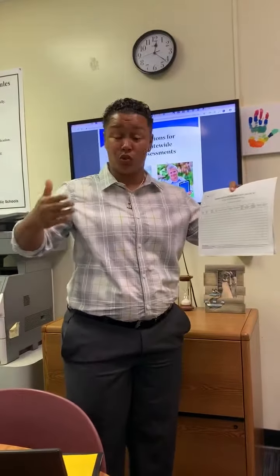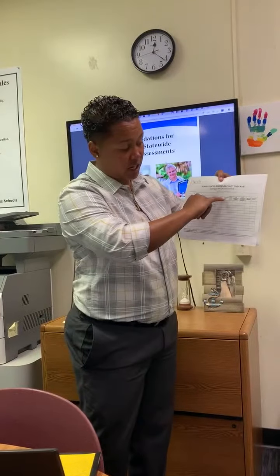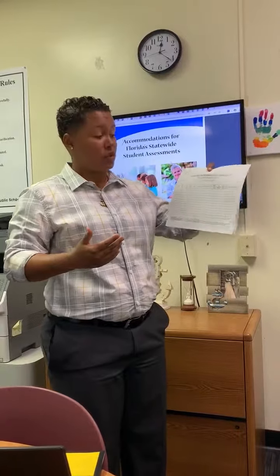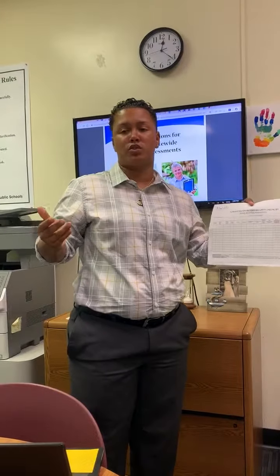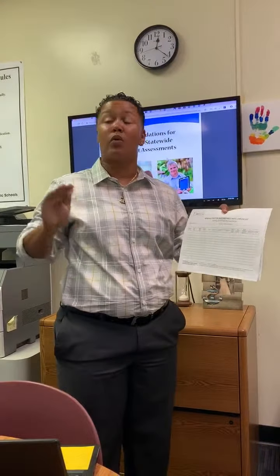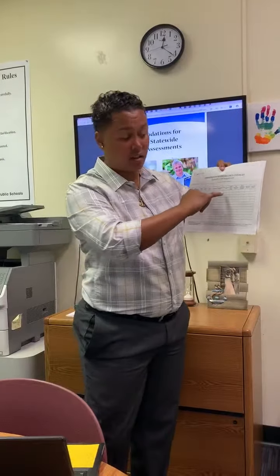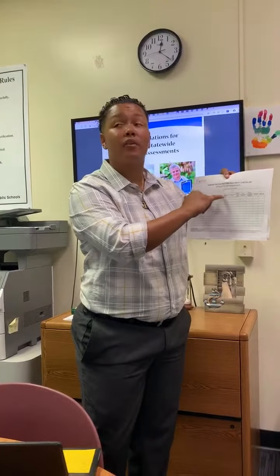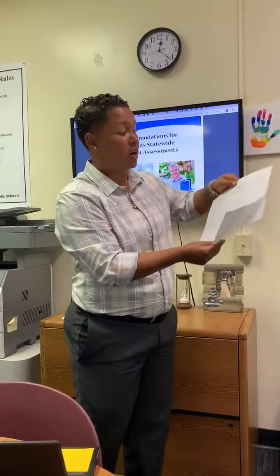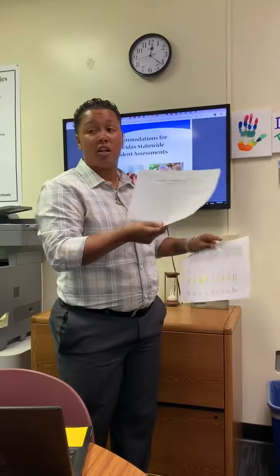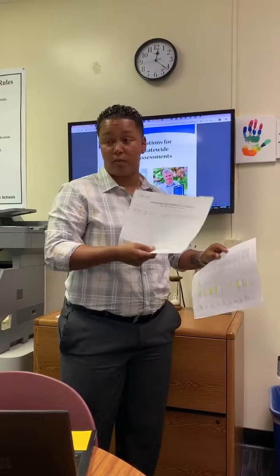If they do not use their extended time, where it says accommodation used, you don't have to put it there, they did not use it. Some students still have reader to read, but some have gained confidence and won't ask for that assistance. If that's the case, you don't have to put it on there, but we do have to put every single accommodation listed on this sheet on here as provided, because by law we have to provide it to them.